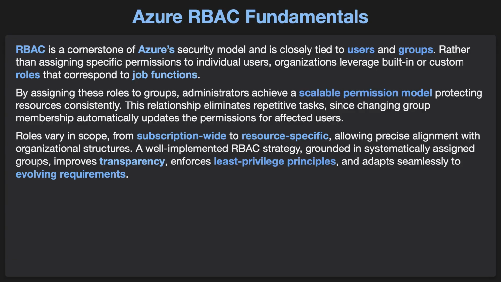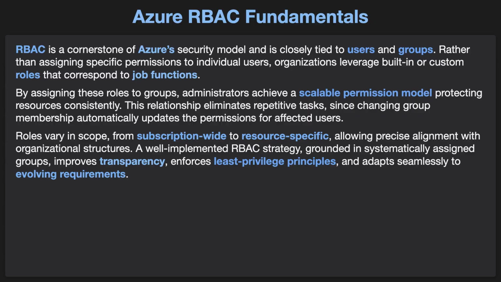RBAC is a cornerstone of Azure's security model and is closely tied to users and groups. Rather than assigning specific permissions to individual users, organizations leverage built-in or custom roles that correspond to job functions. By assigning these roles to groups, administrators achieve a scalable permission model protecting resources consistently.